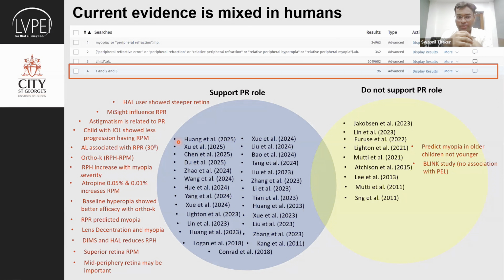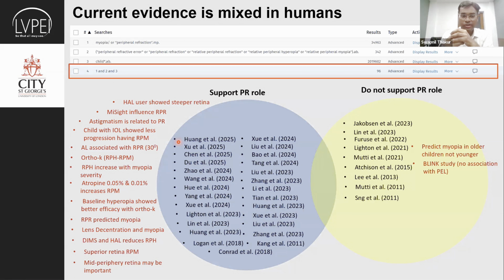There are several papers which have indicated that wearing ortho-K lenses could change the retinal curvature. Interestingly, apart from the optical strategies, there are a few studies which have indicated that even pharmaceutical myopia control agents could alter the relative peripheral refraction. I will discuss a few of those papers.